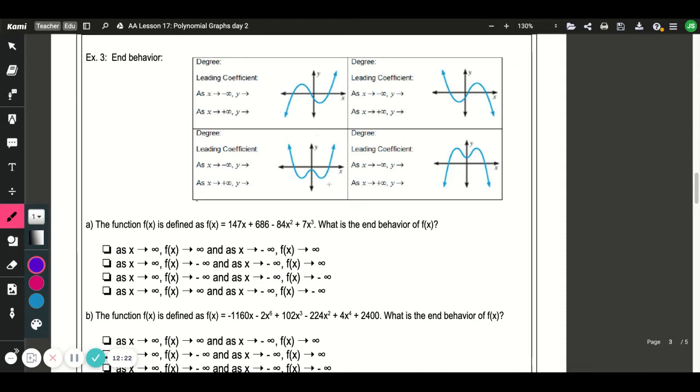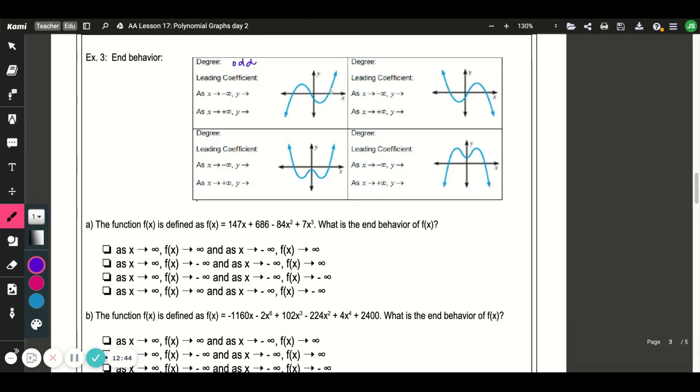We already talked about equations being odd or even, right? If they're odd, then the two ends go in opposite directions, like these two are odd. And if they're even, then they go in the same direction. These two are even. So this one is odd.